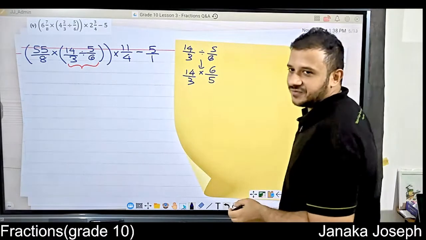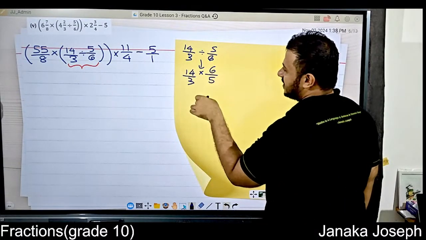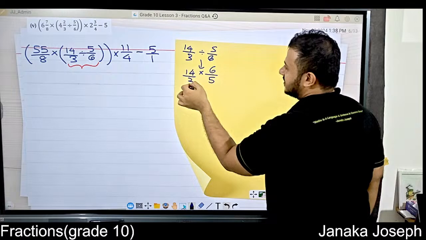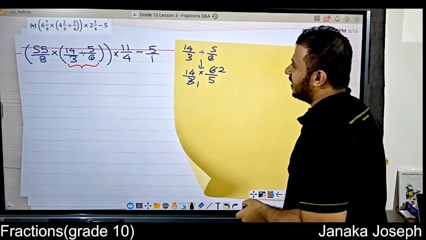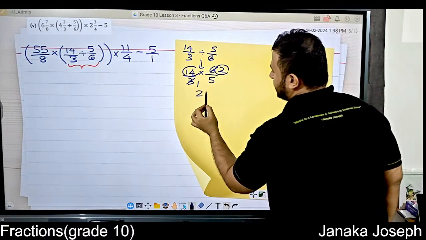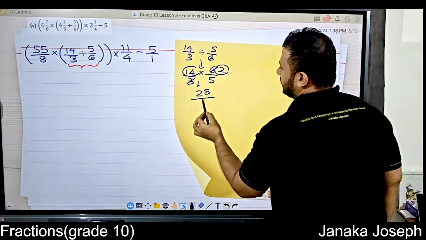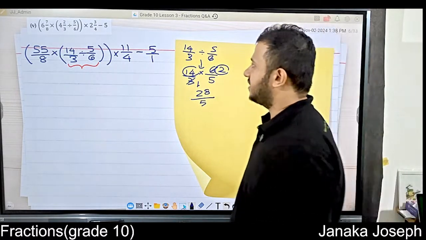Then let's start to simplify. 4 and 3 can't, 6 and this can't, this and this can't, this and this, yes. 1 and a 2. That gives me an answer of 14 times 2, that's 28, and 1 times 5, that's 5. 28 out of 5.